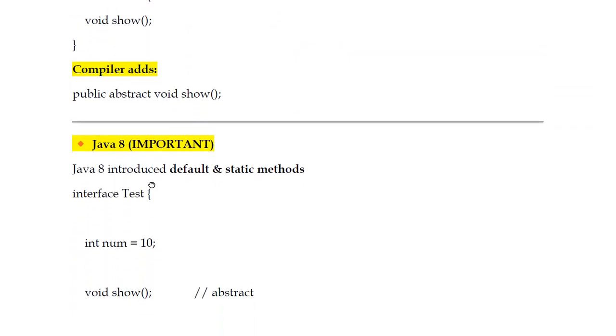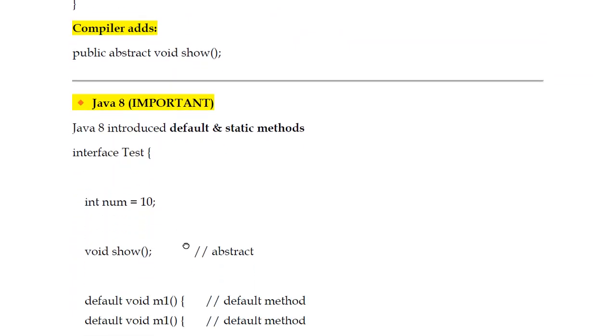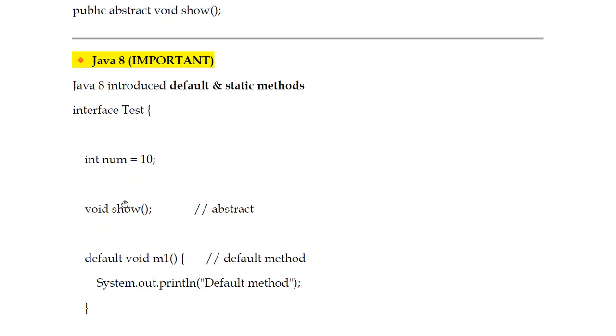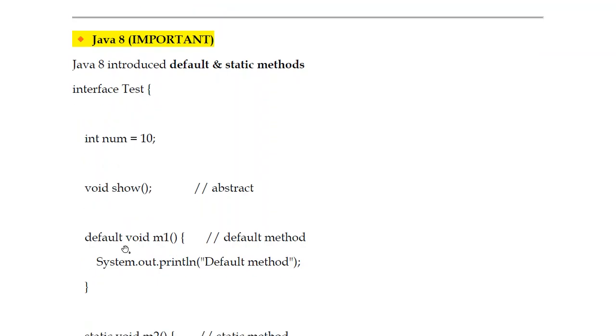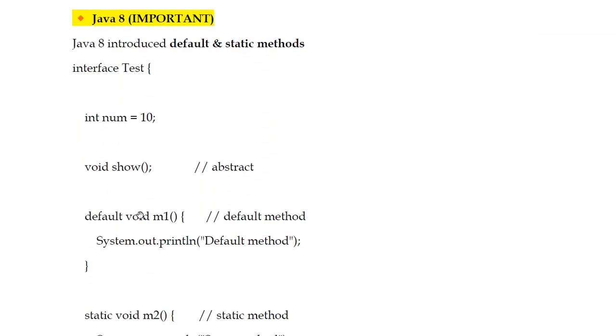But Java 8 introduced default and static methods. The methods are treated as public abstract, but default methods have the implementation. This implementation part is allowed here, but with an abstract method, implementation detail is not possible. You can't define it. But in Java 8, default methods can have their definition.